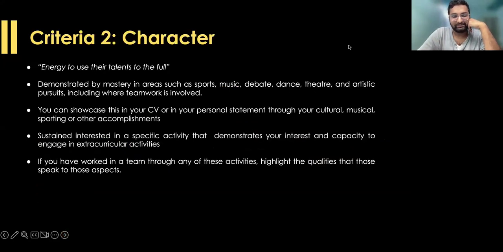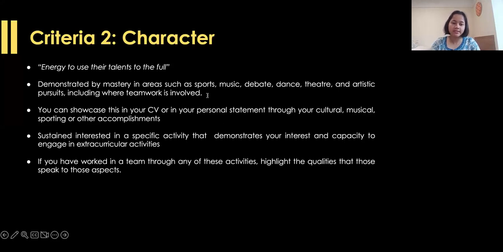Thank you, Ayan. Now let's go through the rest of the criteria. The next one, also quite important, is character, which comes under the phrase of energy to use your talents to the fullest. Now, this can be very personal, depending on what are the things that you like doing apart from your academic work.